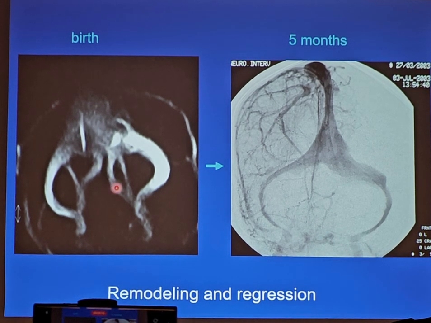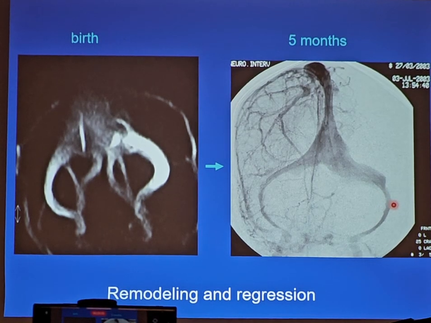You can see the suboccipital sinuses have disappeared in the same patient a few months later. The dural sinuses have taken a different appearance a few months later. So there is remodeling and regression of the dural sinus that goes on up to age 2 approximately.